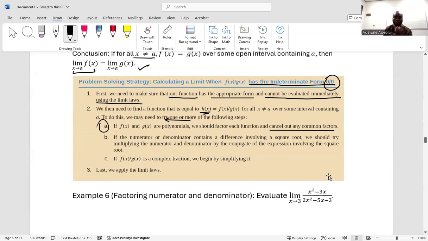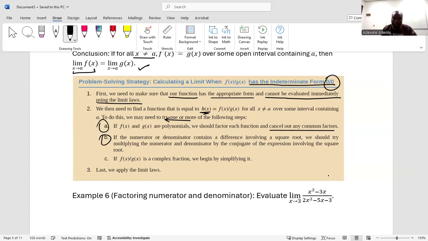So if f of x and g of x are polynomials, the numerator is a polynomial and the denominator is a polynomial, you can factor both of them and see if you have something to cancel out.